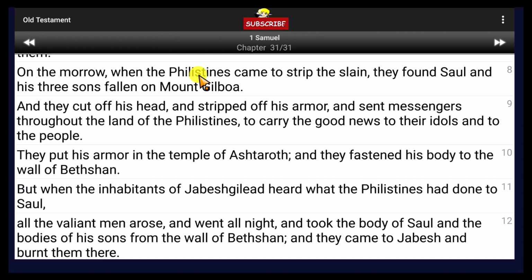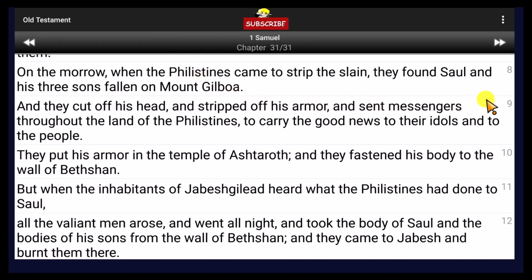So the following day, the Philistines went into the enemy's camp, and they were stripping off the soldiers of Israel who had died the previous day. And in the course of the stripping, that is when they came across Saul. Saul was also among the dead, and his 3 sons were also dead.